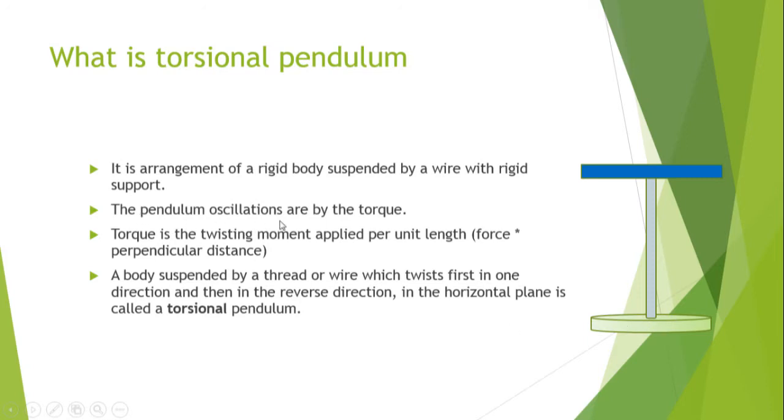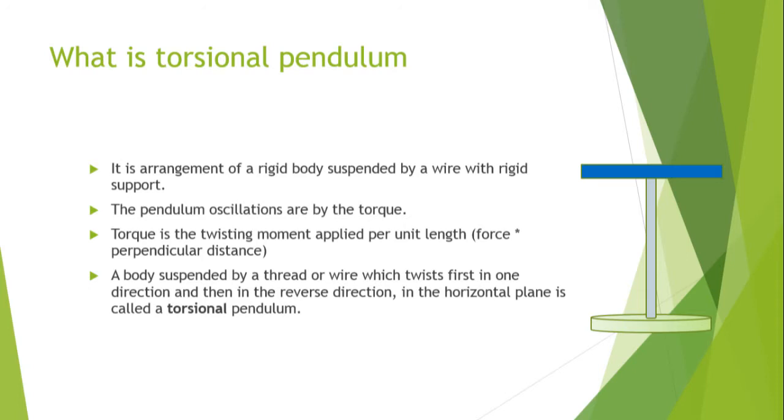The pendulum oscillates by the torque. Torque means a kind of force which is applied to a torsional pendulum to oscillate. Torque is the twisting moment applied to the wire, or force into perpendicular distance. It is a twisting force. If you twist the wire with your hand and release it, it starts to oscillate.